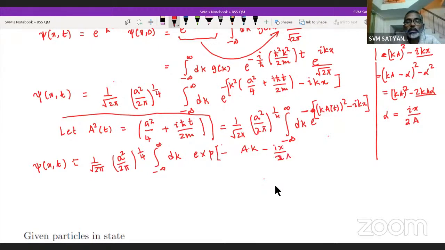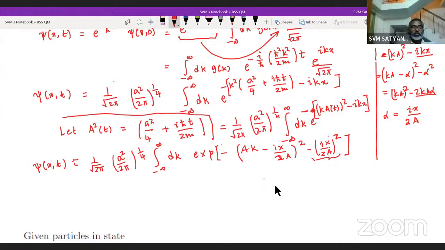Ix by 2a square minus ix by 2a square. Okay, so like in the previous case, this is independent of k, and hence this can be taken out of the integral.